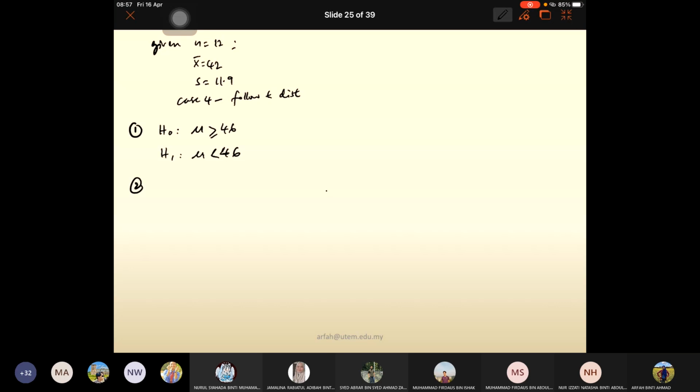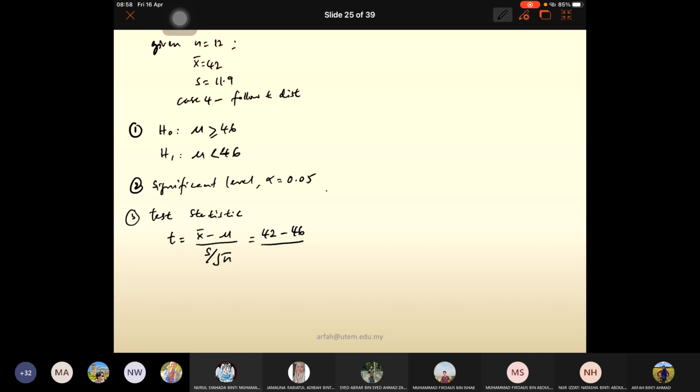yang kedua significant level, dia bagi significant level alpha sama dengan 0.05. Okay. And then yang ketiga dia punya test statistik, it will follow T distribution sama dengan X bar minus the mean over S over surd of N. So your X bar is 42, tolak population mean is 46, S sama dengan 11.9 dibahagi dengan surd of N sama dengan 12. So you akan dapat dia punya jawapan.